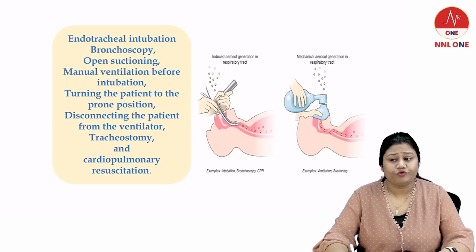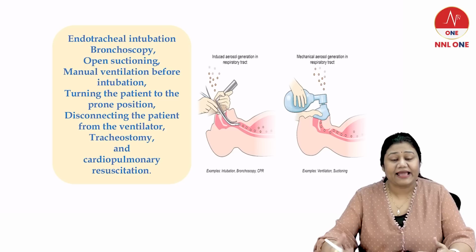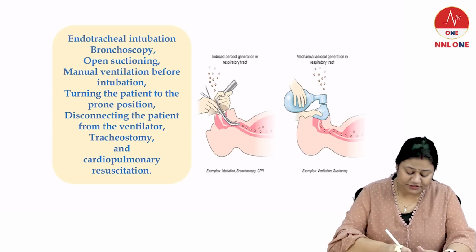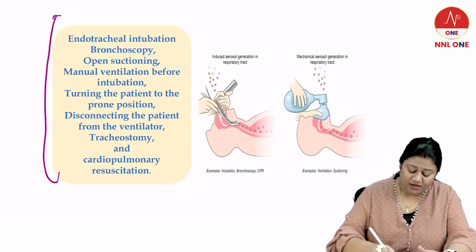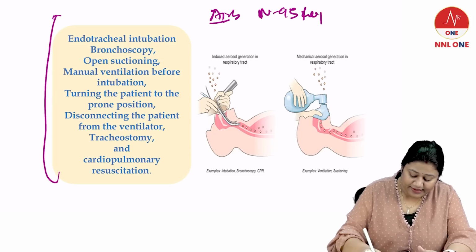Now in the time of COVID, the World Health Organization released a list of procedures that are aerosol generating. If you are involved in any of these procedures and your patient is under airborne precaution, then make sure to wear an N95 respirator, right?